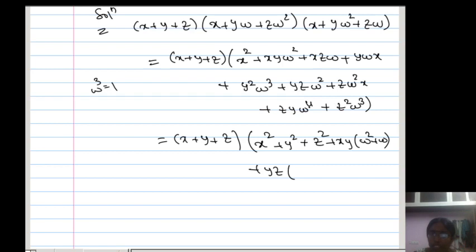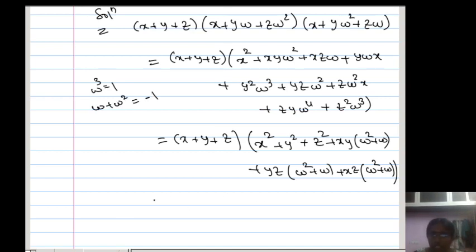Omega power 4 is equivalent to omega, so I can write directly omega. Next zx: zx omega and zx omega power 2. Again, by using the relation 1 plus omega plus omega square equals 0, omega plus omega square is equivalent to minus 1.